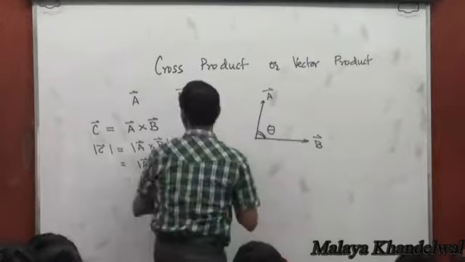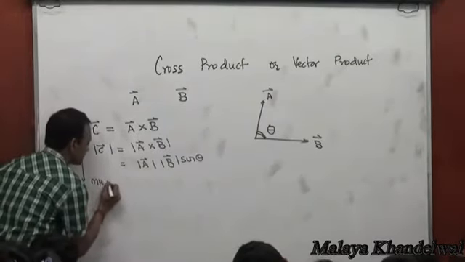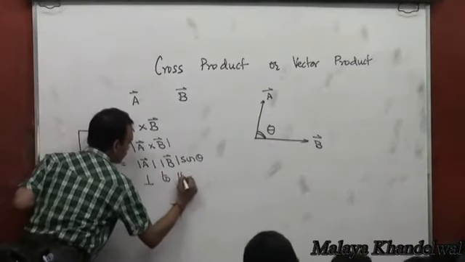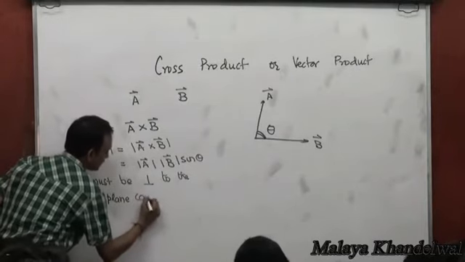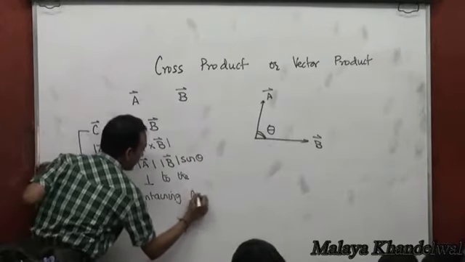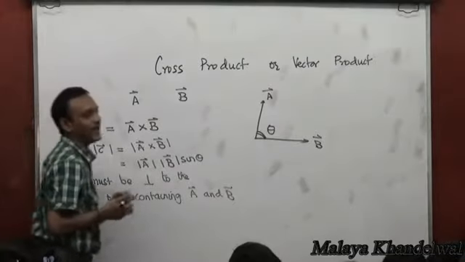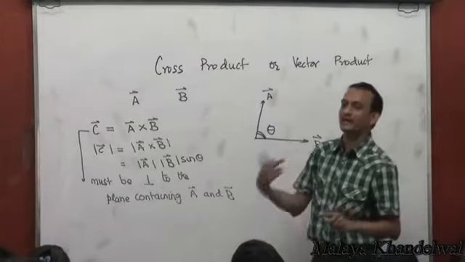Number one, the vector C must be perpendicular to the plane containing A and B. Must be perpendicular to the plane containing A and B.